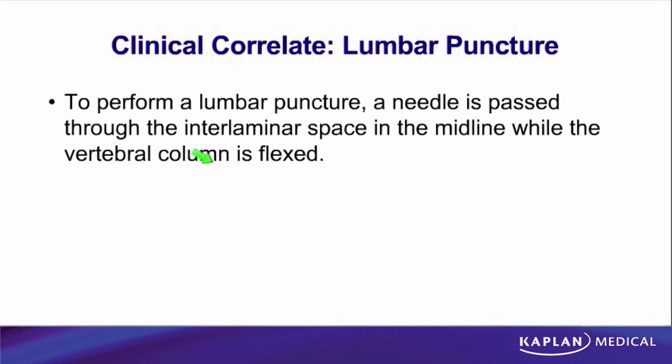By flexing the vertebral column, you're spreading apart the laminae and thereby increasing the size of the interlaminar space. So flexing the vertebral column gives you a larger interlaminar space to aim for. So it's done with the patient's vertebral column flexed, and it's done at the L4-5 or the L3-4 interspace.